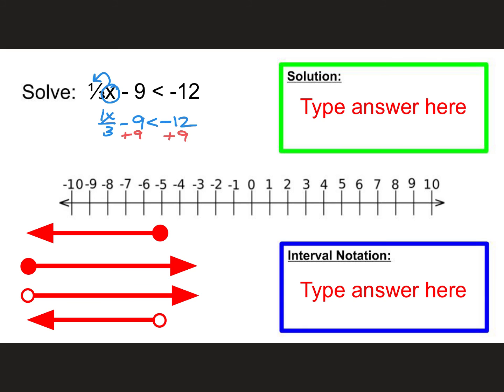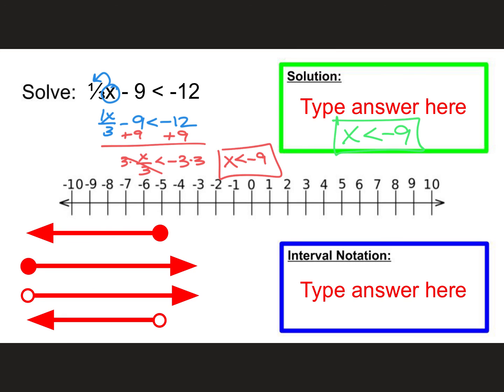I'm just going to add 9 first. So then I would have x over 3 is less than -3. And then I can multiply both sides by 3. So that gives me x is less than -9. So that would be the solution.